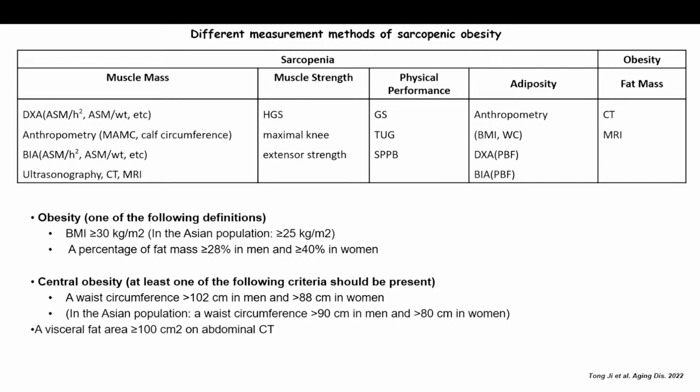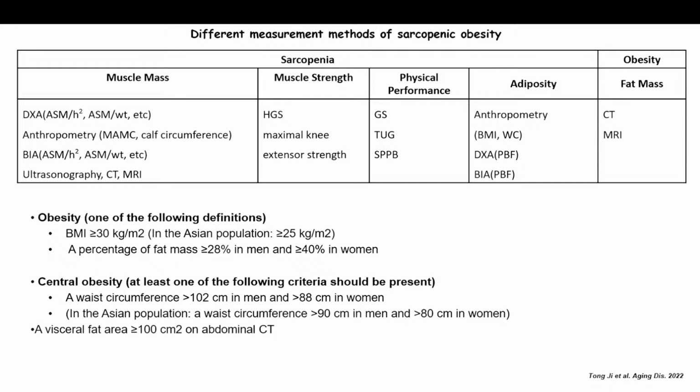Then what are the criteria which are generally used these days? BMI more than 30, in Asian population more than 25 kg per meter square, and a percentage of fat mass, which we assess by various methods, more than 28% in men and more than 35 to 40% in women. That is taken as criteria for obesity.